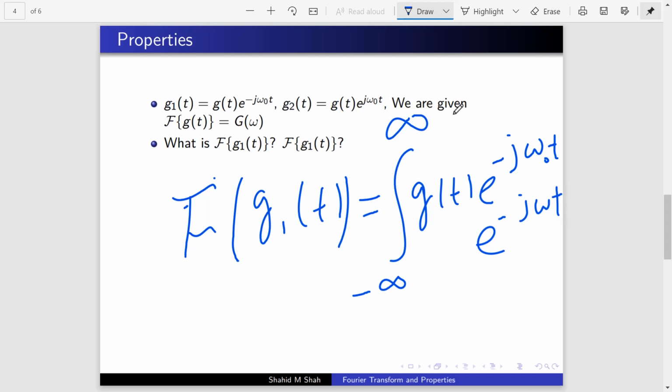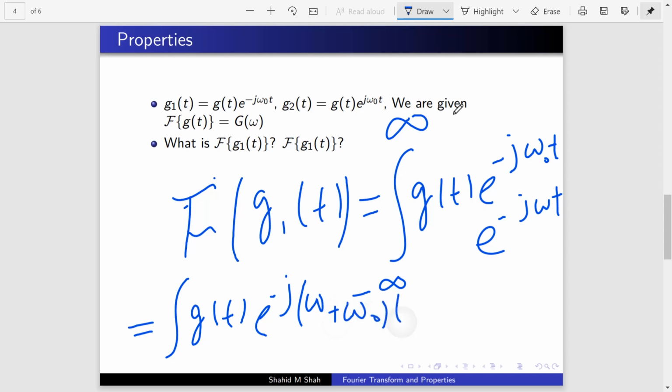So I can club the exponential terms together: minus j, so I will get omega plus omega naught times t, dt, right? Now let me concentrate on this term, e to the power minus j omega naught plus omega times t. Okay, then there is g of t and the integral.